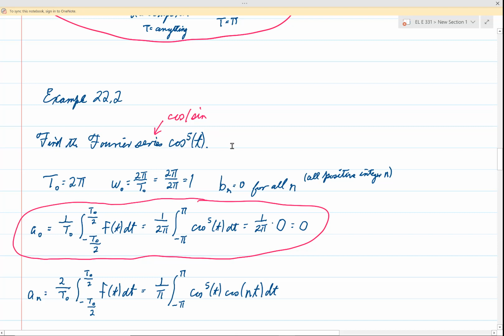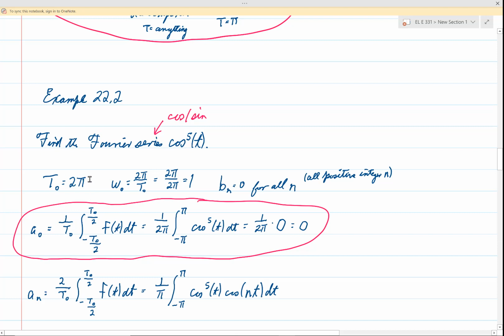Again, remember I said that the period in this case will be 2 pi rather than pi, because this function still goes negative for some values of t. Cosine squared t never goes negative. Cosine to the 5th t will have both negative and positive parts.